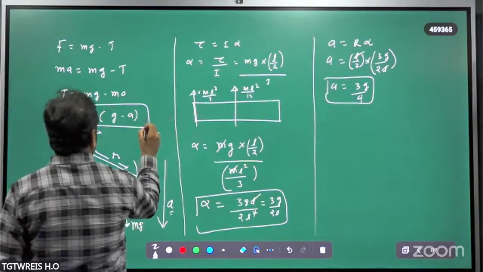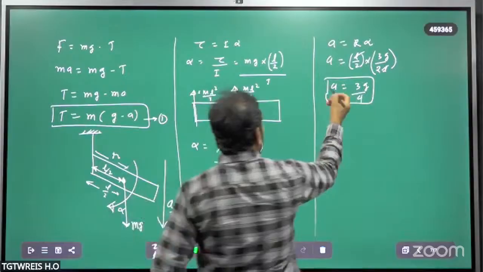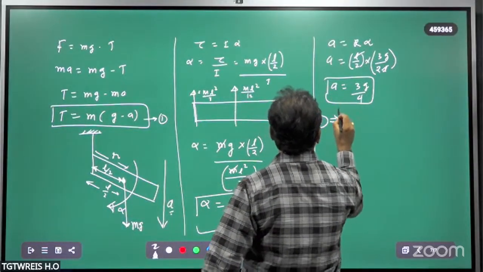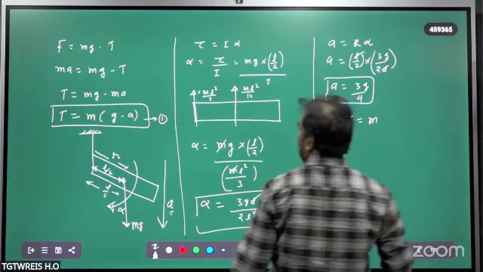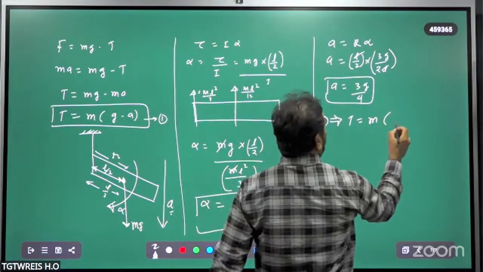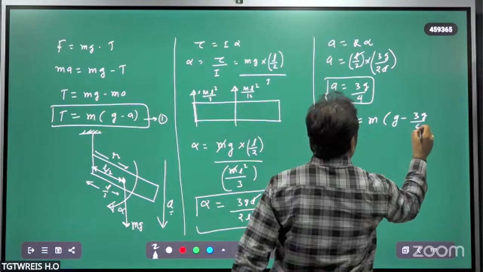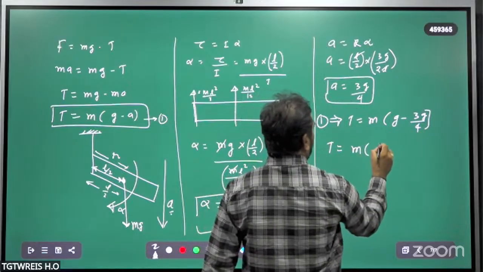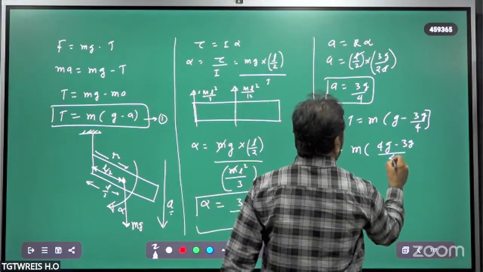Now that value we substitute in equation number 1. Let's say this is equation number 1. Therefore, equation number 1 implies T is equal to M into (g minus a). The value of g minus a is 3g upon 4. Therefore, T is equal to M into (4g minus 3g) upon 4.